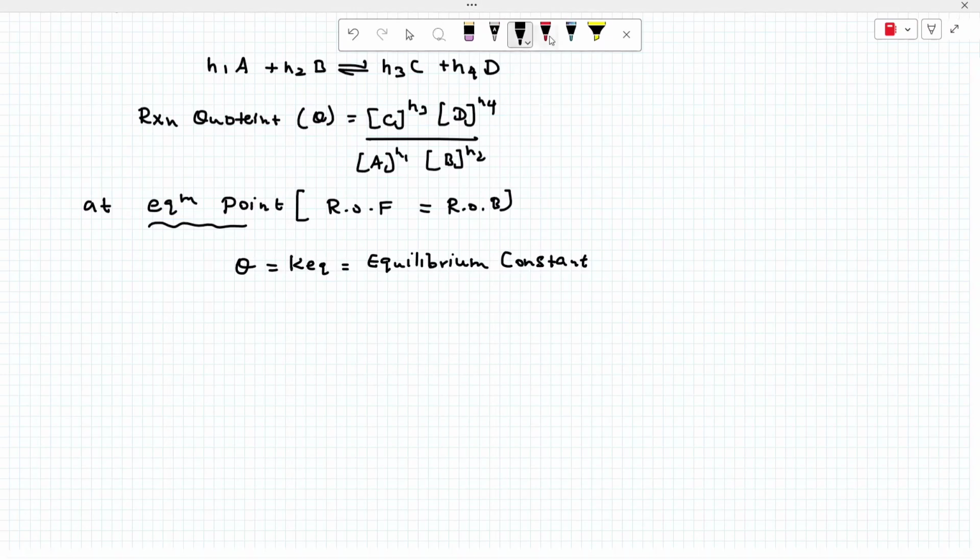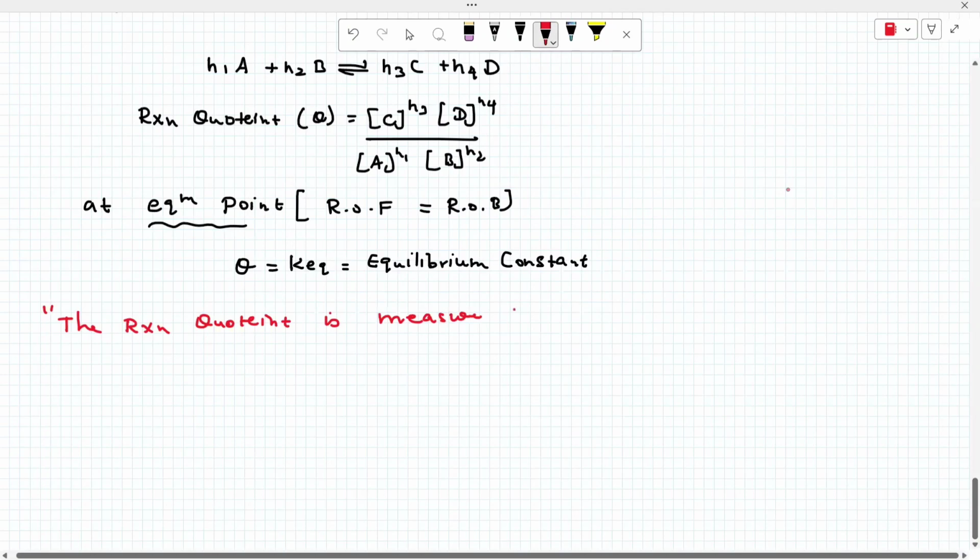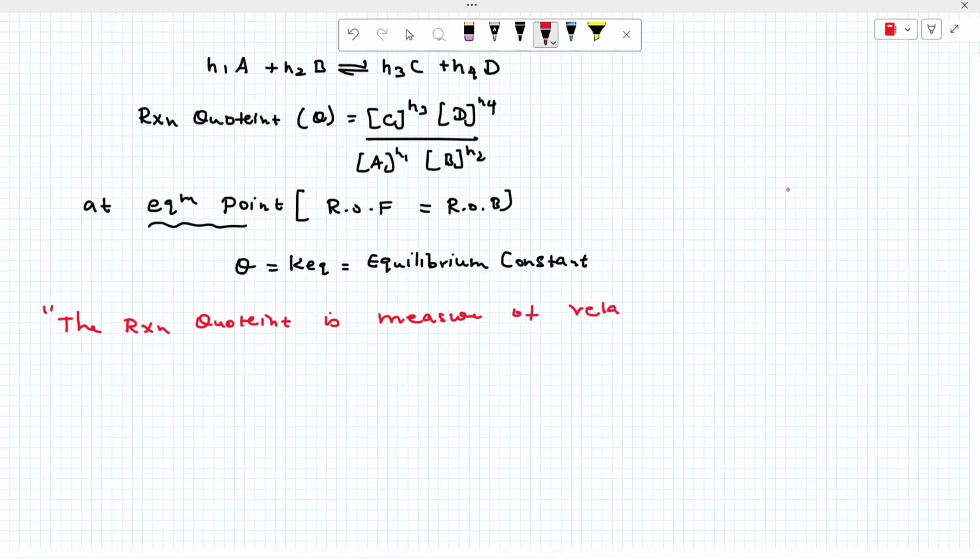Now, please note, what is actually Q? The reaction quotient is a measure of the relative amount of product and reactant at a given time.